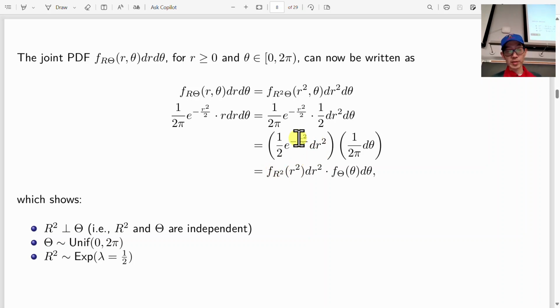The PDF is lambda e to the negative lambda x, so your lambda is 1/2, and the random variable, here in our case, is r squared. So r squared comes from an exponential distribution. And we have a product of two PDFs, so r squared and theta are independent.